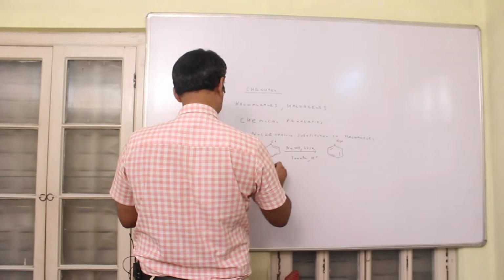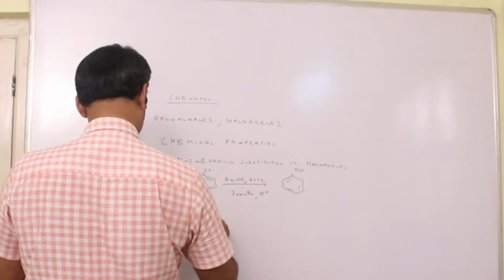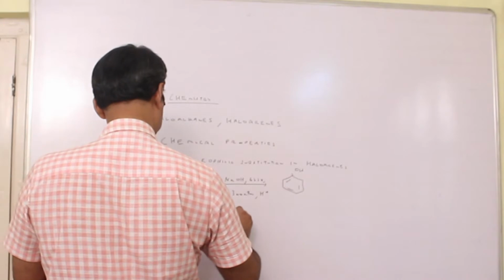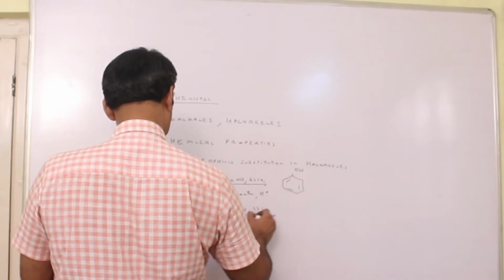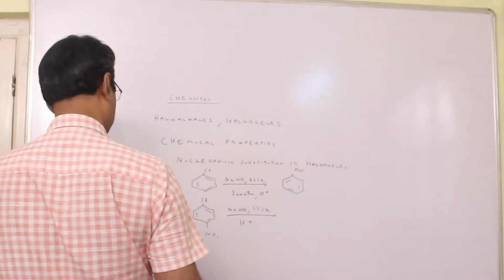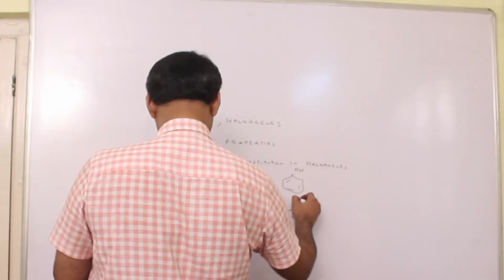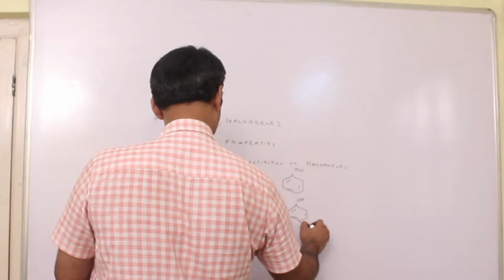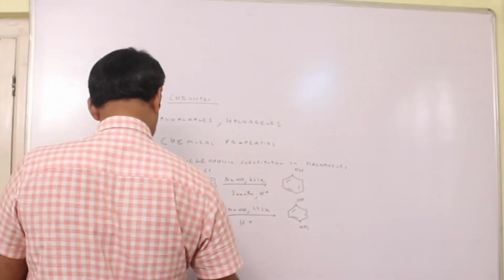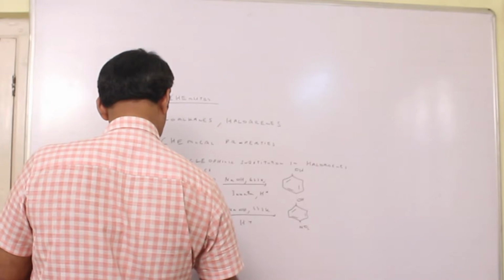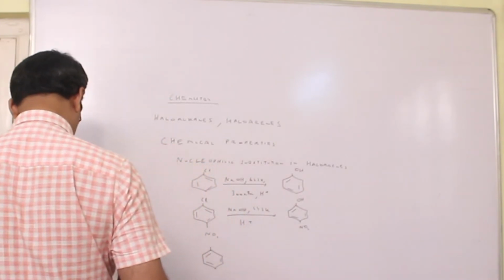Now the same reaction, if there is an electron withdrawing NO2 group, then we get a phenol derivative with NO2 group.